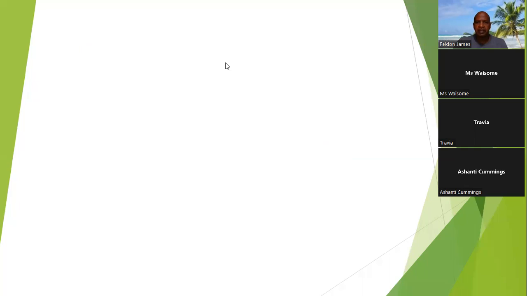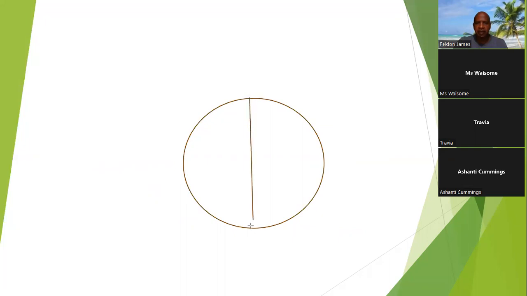Let's see if I can illustrate what I'm saying. So if you have a whole pizza and it is cut up into various parts, let's say we cut it up into 8 equal parts.